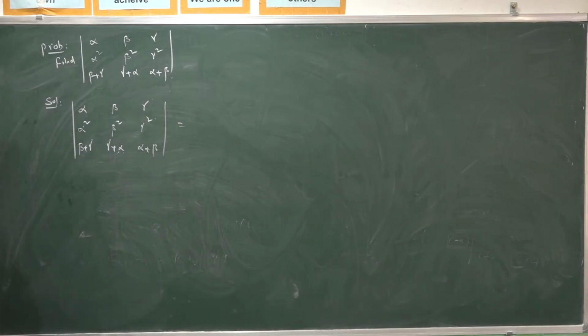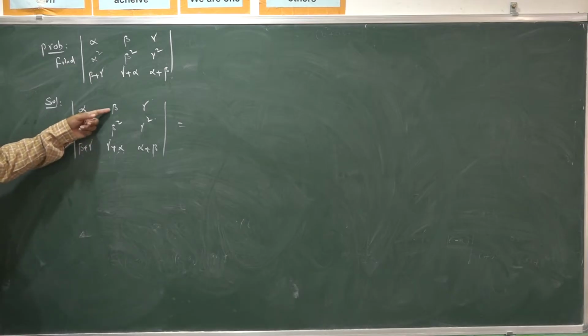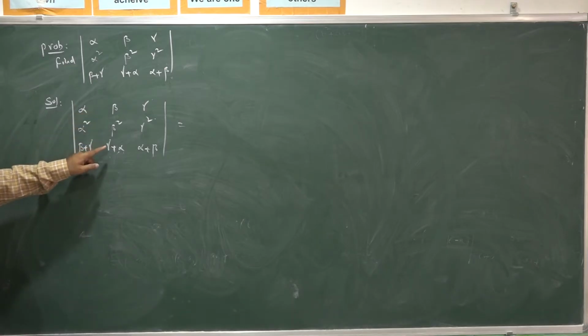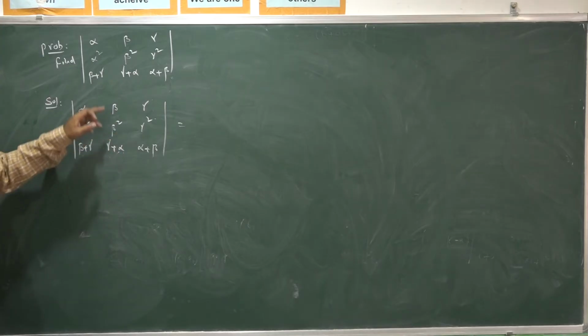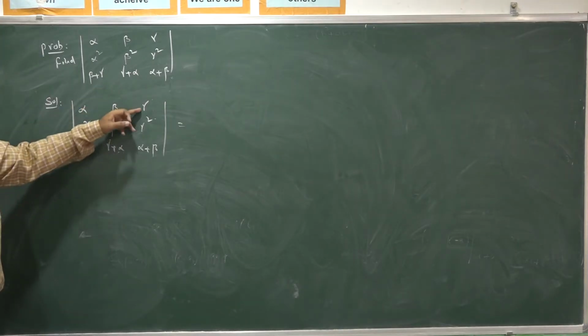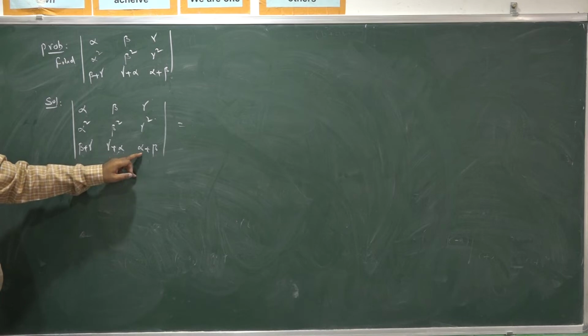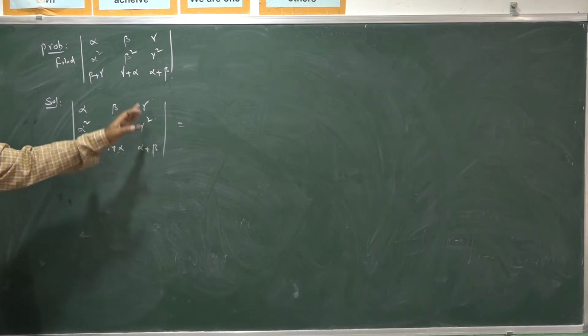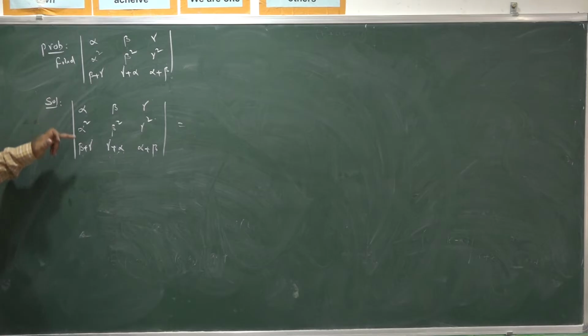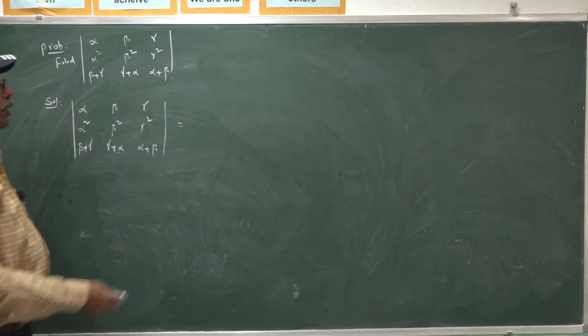Once you observe the elements in the given determinant and add the first row elements to the third row elements, you get alpha plus beta plus gamma. Here beta plus gamma plus alpha, that means alpha plus beta plus gamma. Here gamma plus alpha plus beta, that means alpha plus beta plus gamma. Once you add R1 elements to R3, you get the same value throughout the row.